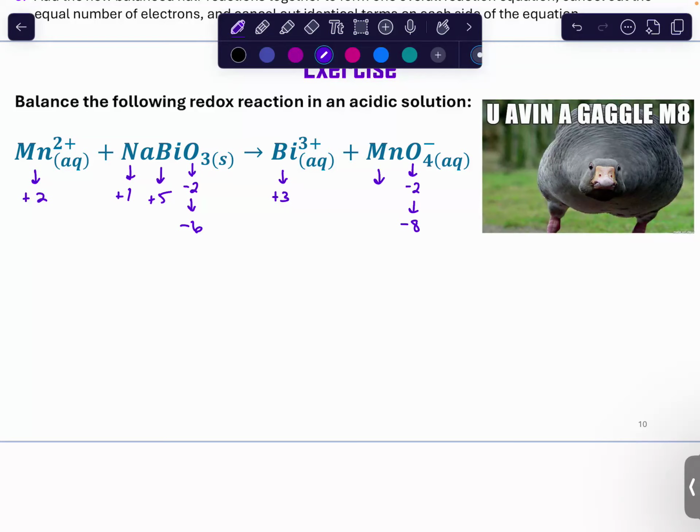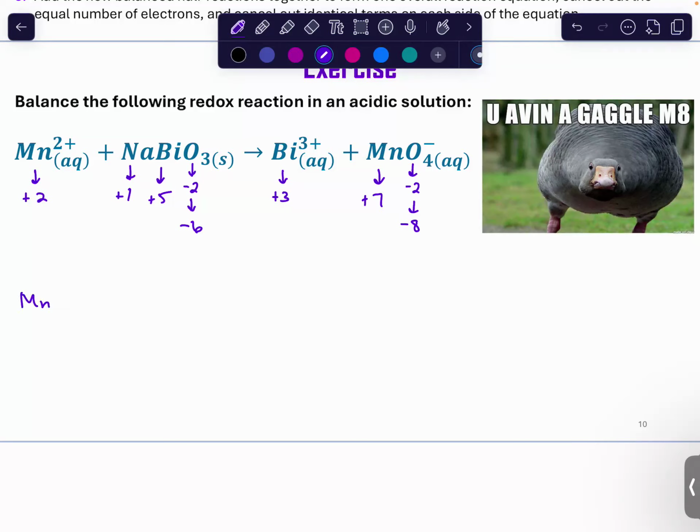What does manganese have to be to maintain the overall -1 charge? +7. So now you'll notice that bismuth is reduced and manganese is oxidized. So that's going to be our half reaction split.